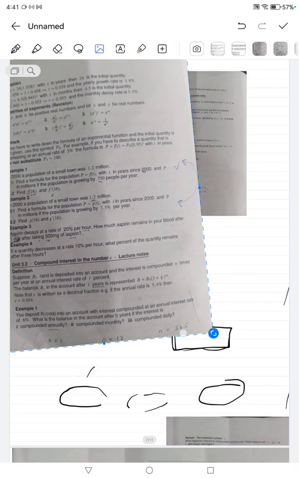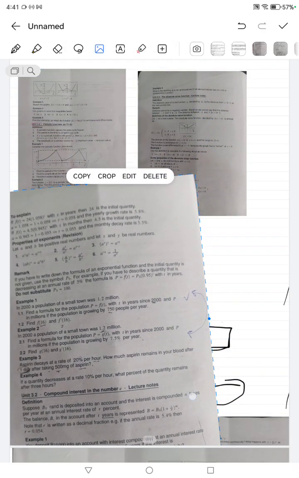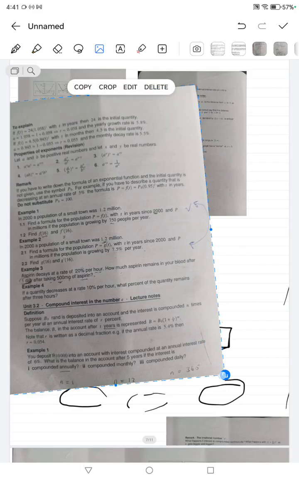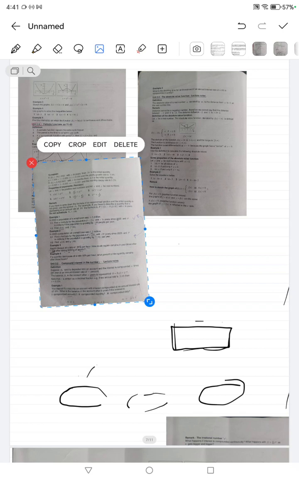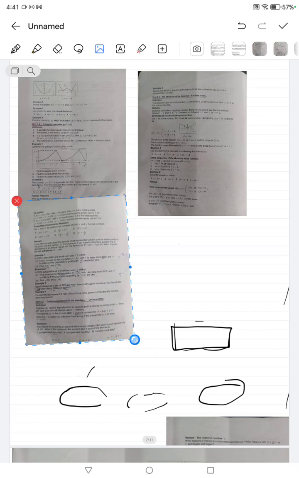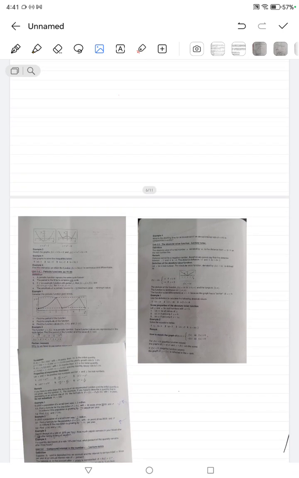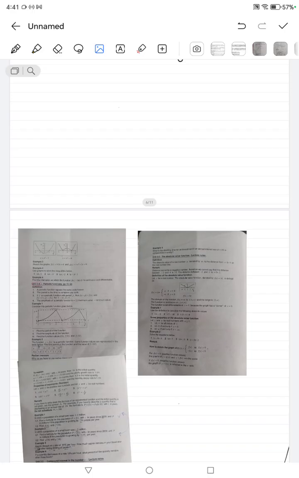Let me check from the book if we're still following the order.